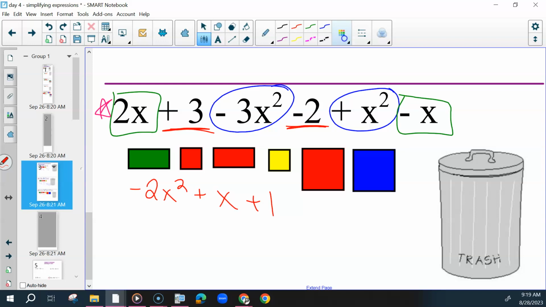It should be the same. Negative 2x squared plus x plus 1. And when you combine the x squares, you're doing the same thing you did for the x's. Just combining the number in front and then putting x squared after it. We're not actually squaring anything except the x. Okay. Questions on that before you continue?